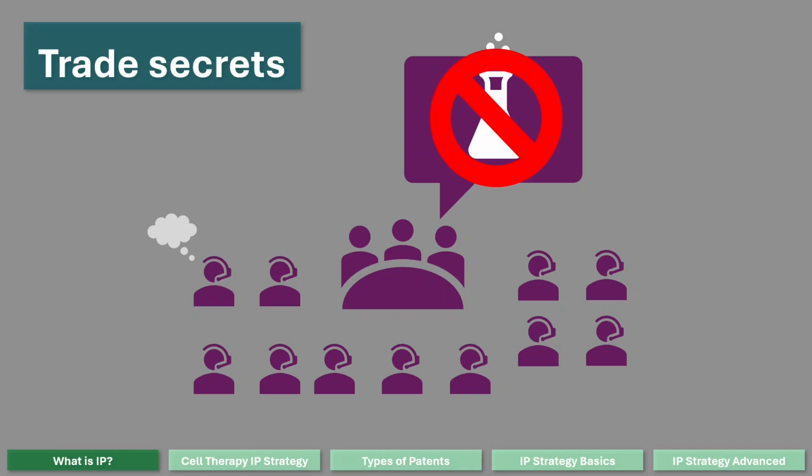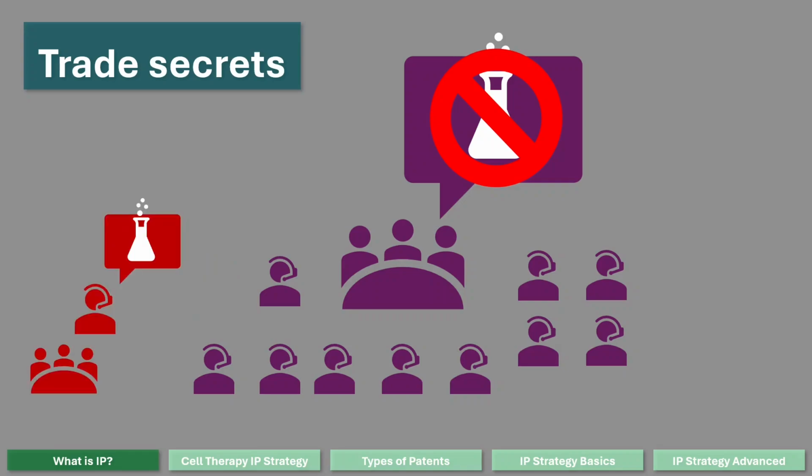A trade secret's value does not expire, but a biotech must take extra precautions to maintain its security. Trade secrets can be lost when key individuals leave the company or through agreements with other companies. Since it is not legally protected, its value is immediately diminished if it is disclosed publicly.